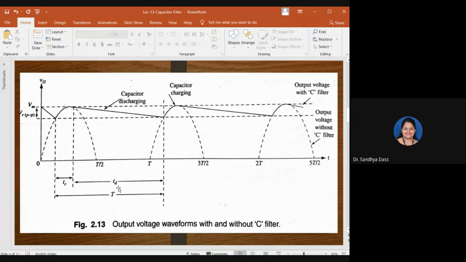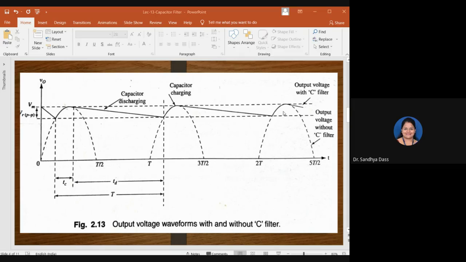It is TD. The total time period of capacitor charging and discharging will be T, which repeats every cycle. As you can observe, the output voltage is superior because it remains significantly close to the highest value here.